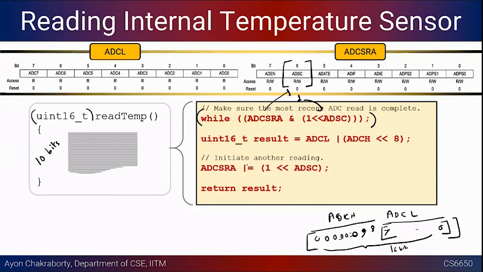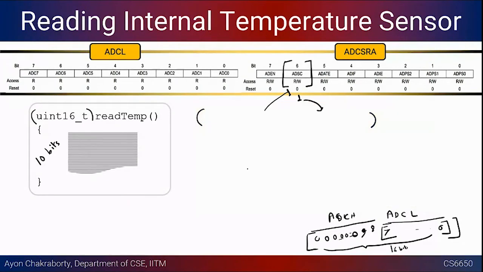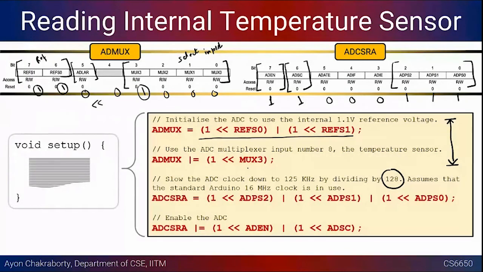For starting the next conversion, we just want to set the ADSC bit, so that will start the next conversion, and we can return the result. Okay. So is there any confusion with these registers, or the way the code is presented, or the setup?